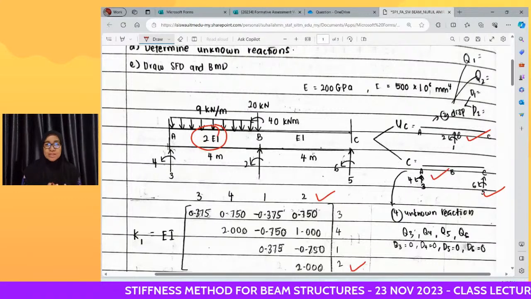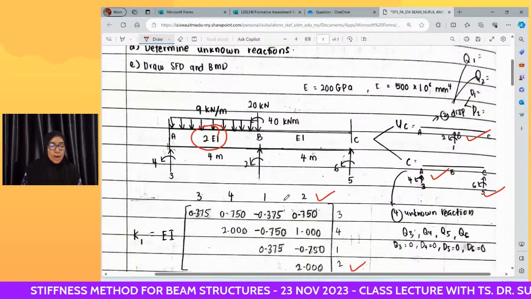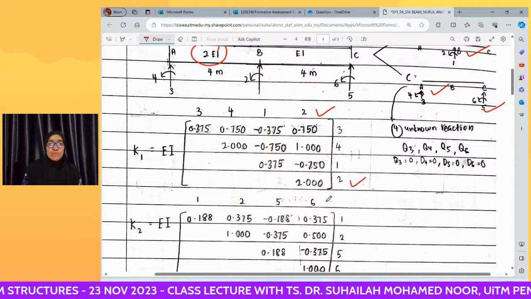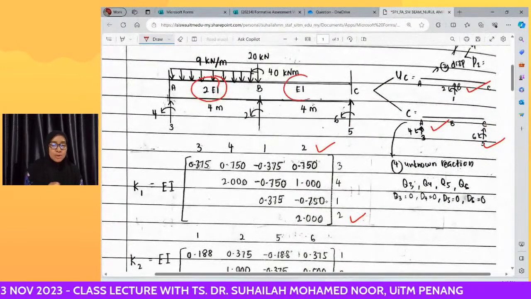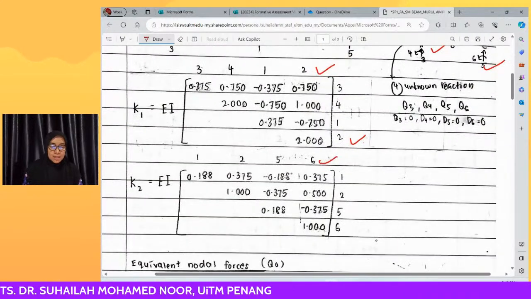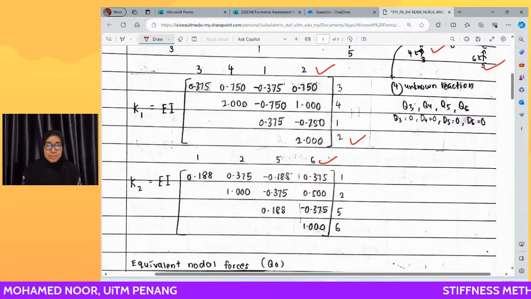You have to follow this direction. So K1 has the label 3412 and K2 has 1256. We only have EI, right? So I believe the answer in the bracket is correct.